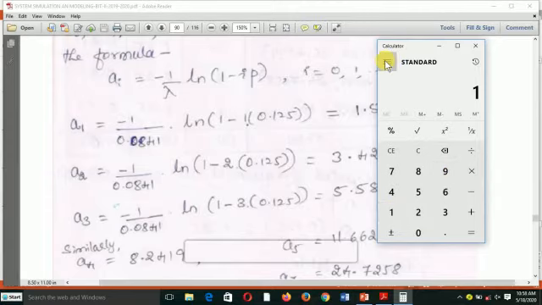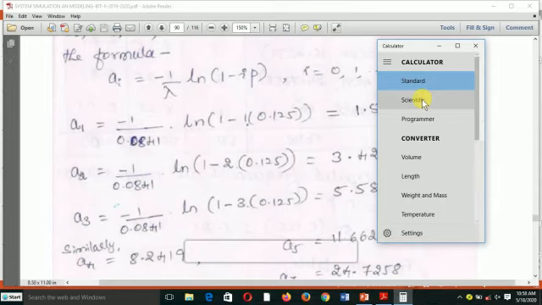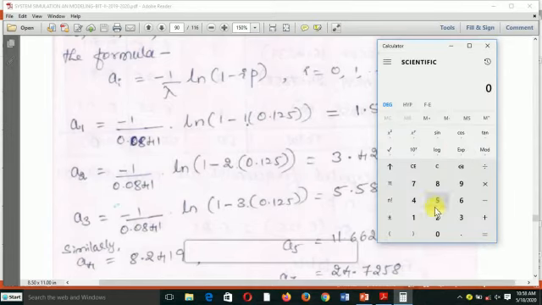This is standard, using the scientific calculator. Then 1 minus 0.125, which gives 0.875.